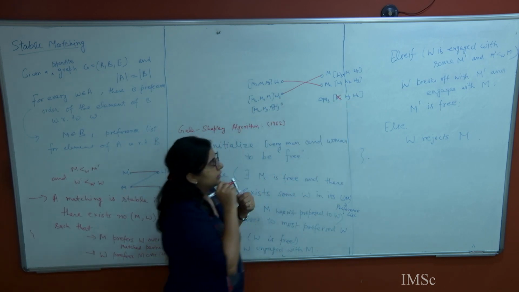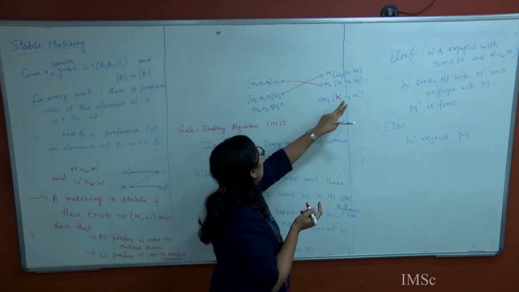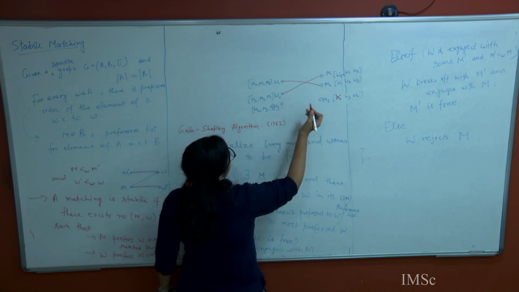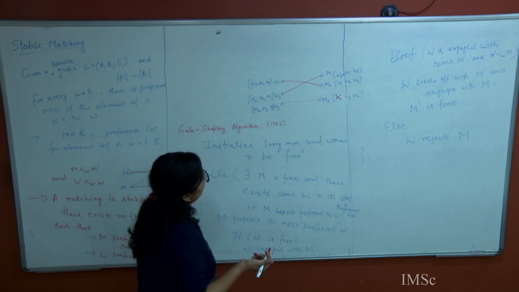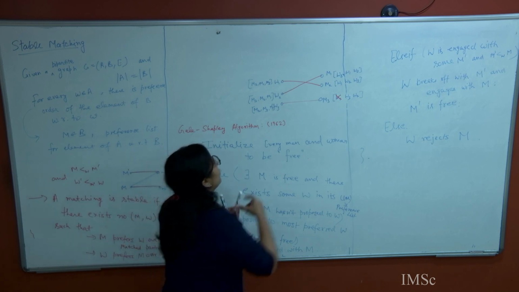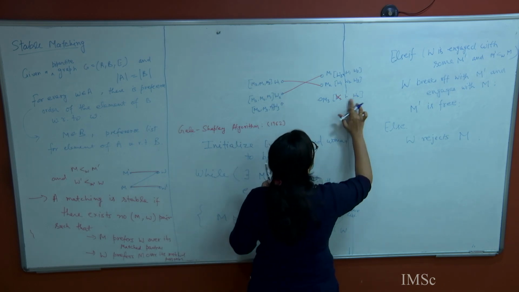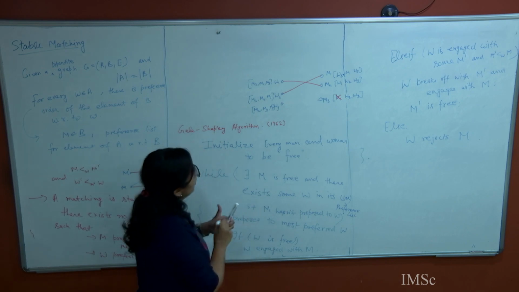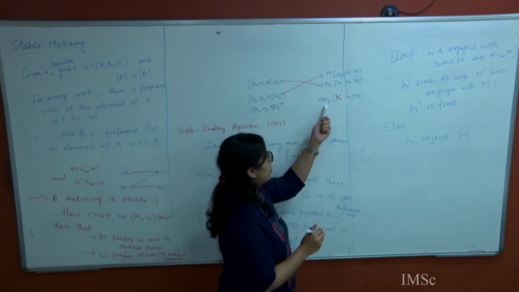Now, M3 will go to W3, and because W3 is free, they will make an edge. Maybe I should go to W2 first. Okay, let's change it. Say W2 and then W3. Okay, what if W2 is more preferable for M3?